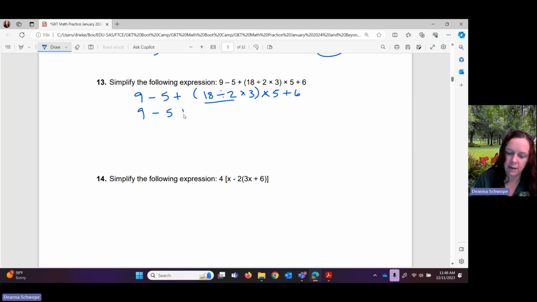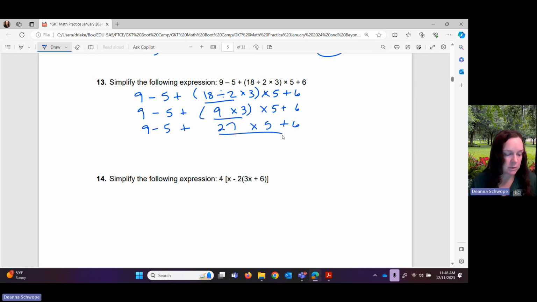Remember, first from left to right. 18 divided by 2 is 9 times 3 times 5 plus 6. Still have parentheses, so we're going to do 9 times 3 first, which is 27 times 5 plus 6. We're going to multiply. I'm going to use my calculator. 27 times 5, which is 135.